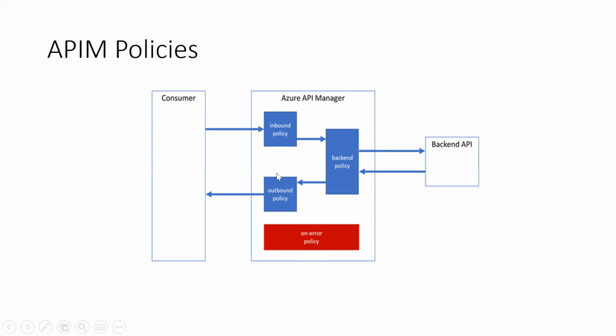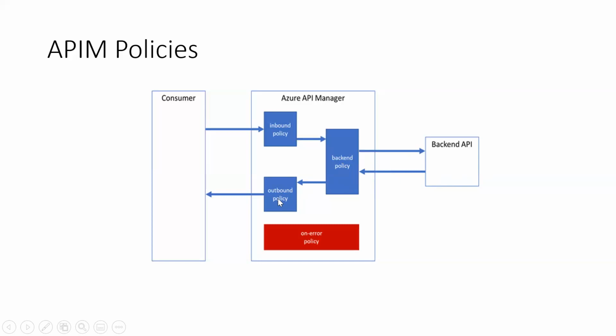Some important points: whatever policy you add in the inbound policy will be executed by the gateway when the API management API is called by the consumer or client. The policies in the backend policy will be called by the gateway just before the request goes to your backend API. Also, when you get a response, it will be validated in the backend policies again by the gateway.